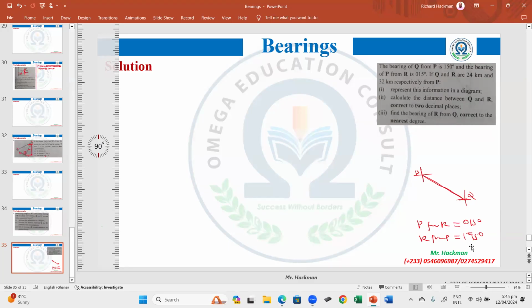You draw the 15 and you make it touch the P. Okay, all right. I don't know how you are going to, but we can be smart. But the way you are explaining it, that is my issue. I just want you to know this is the easiest way to get your diagram drawn.